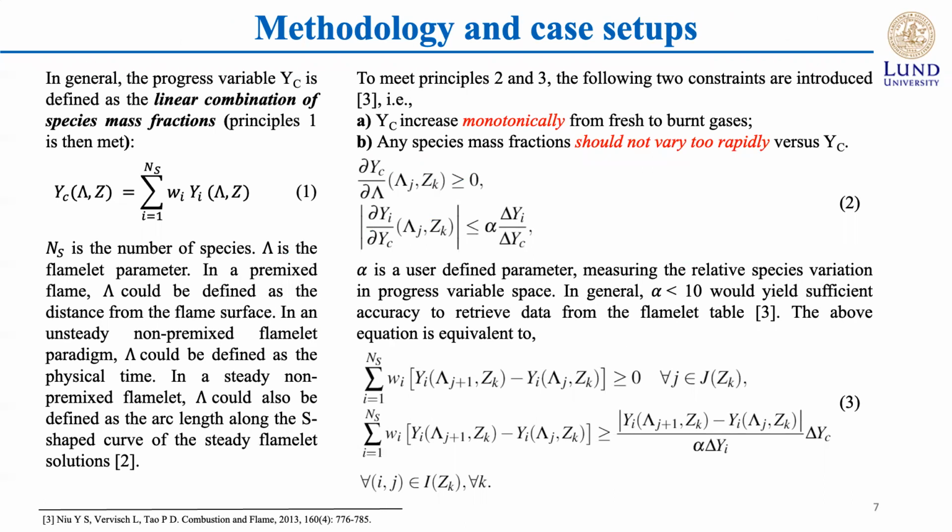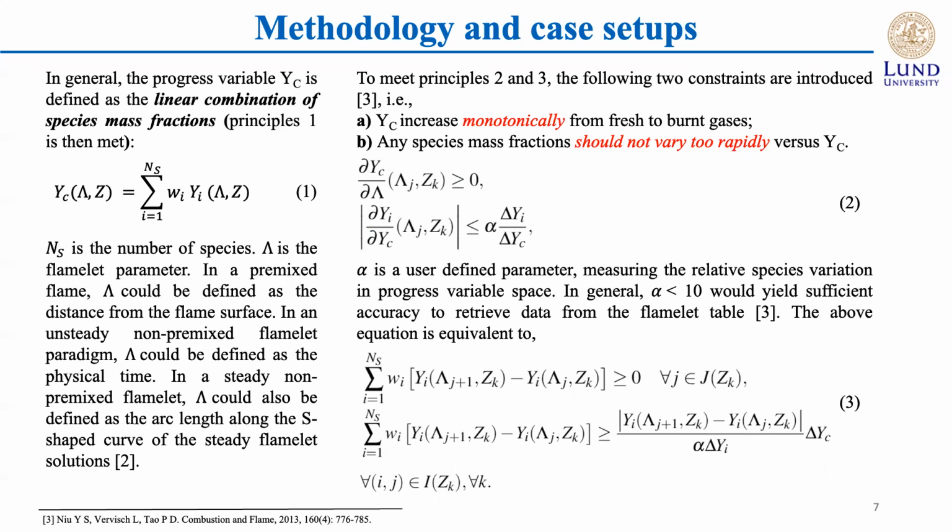The first principle is met. Equation 1 shows the general form where Wi are weighted coefficients, YC is a non-normalized progress variable, Yi is the species mass fraction, and NS is the number of species.